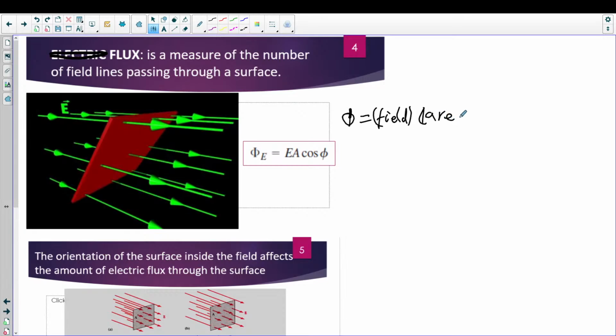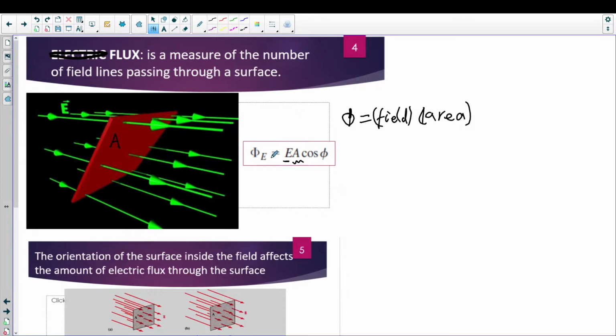So how much field is moving through the area? Given a fixed area, how much field is passing through it? So field times area. Electric flux will be the electric field times the area passing through. This is the area here, and the field line. There's a cos theta, cos phi actually here. Don't worry about it. We'll talk more about that later.